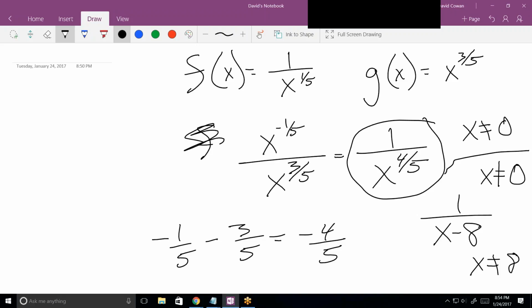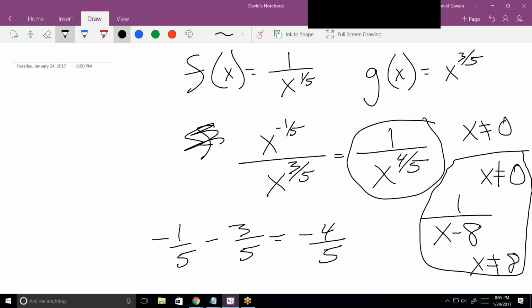And so that was the answer. In other words, just because an apparent domain restriction looks like it disappears, it doesn't. You always have to use the most restrictive domain of your f function or your g function or the f of g function. Okay. So it would be both, so it would be 1 over x minus 8, but x cannot equal 0 or 8? Correct. Exactly.